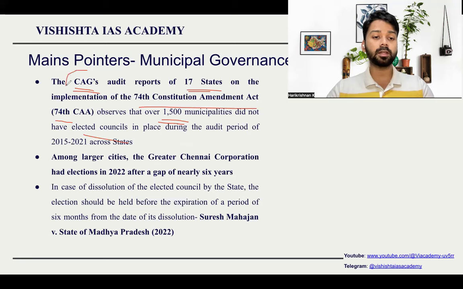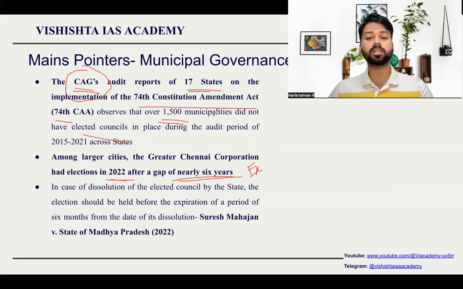It was told by our own Comptroller and Auditor General. So this is a very sad scenario. Among the larger cities of the country, Chennai, Greater Chennai Corporation is there, which had elections in 2022 after a gap of 6 years. For 6 years, they did not even have a municipal council. After 6 years, they conducted elections. So this is a very sad scenario.